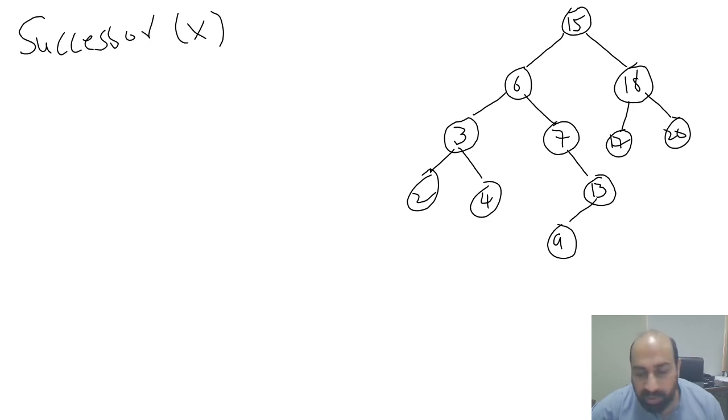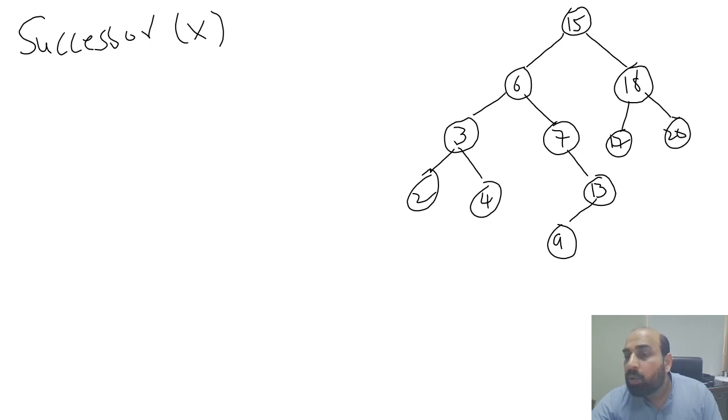So these are the simple rules. Similarly 20, let me make it very clear. The largest element in a key does not have any successor. Let's see 20. 20 does not have the right subtree, agree? And 20 is the right child of 18.